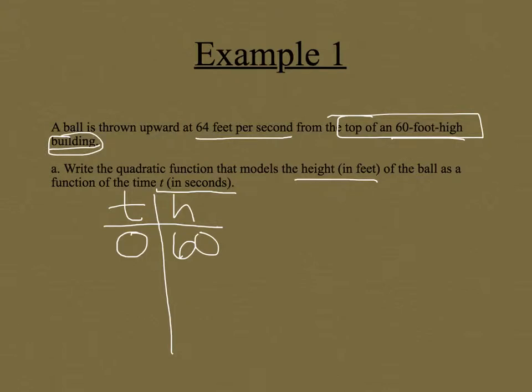So the ball's position with respect to the ground at this point in time is 60 feet. Now we are going to throw the ball upward at a rate of 64 feet per second. And so our rate, our initial velocity, is 64.